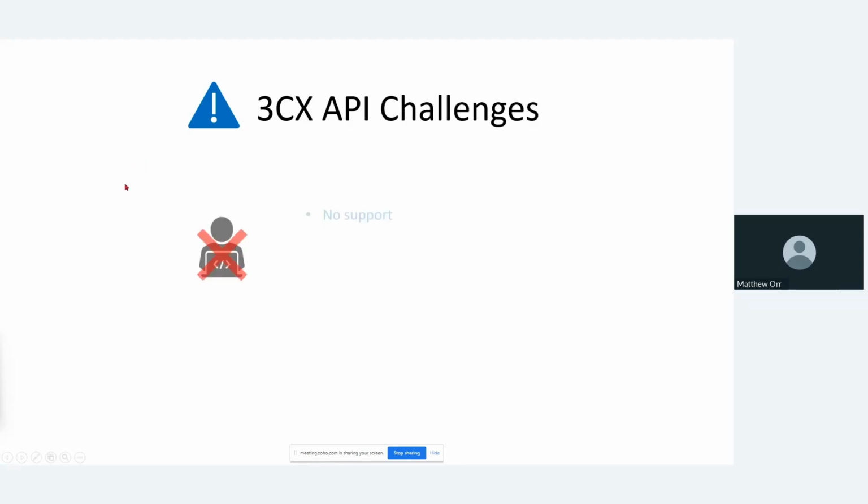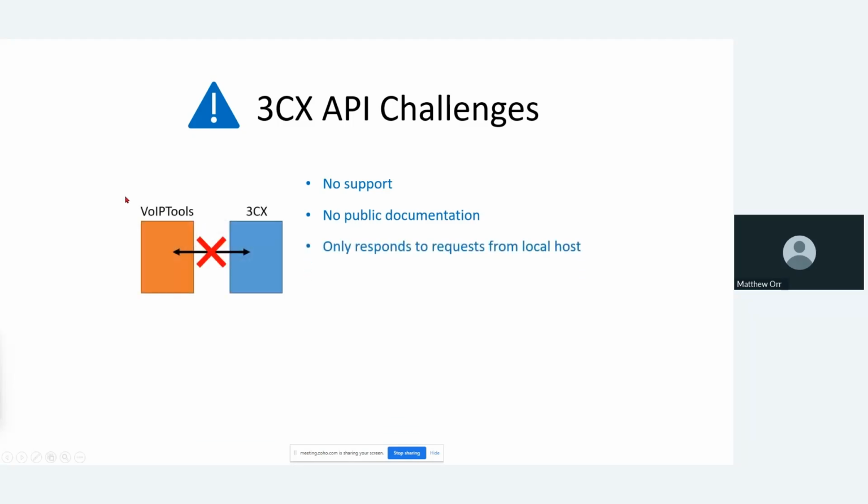One is that 3CX doesn't provide any support for the call control API, nor do they have any public documentation that is easily accessible. It only responds to local host. You remember in the diagram that I showed you that they want you to install all of your third-party applications on a separate server. That's fine, except for the fact that the 3CX call control API doesn't respond to anything but local host.